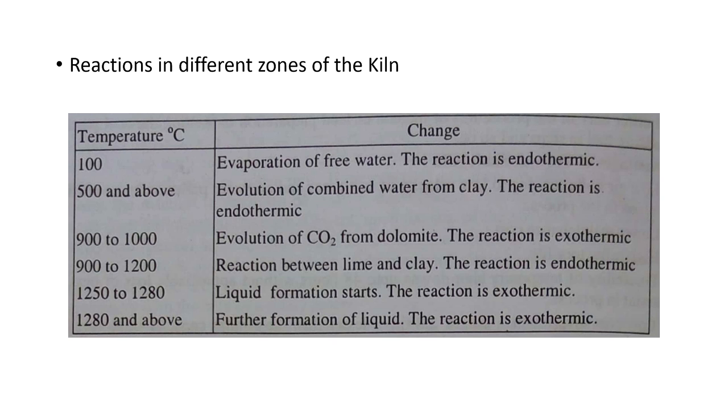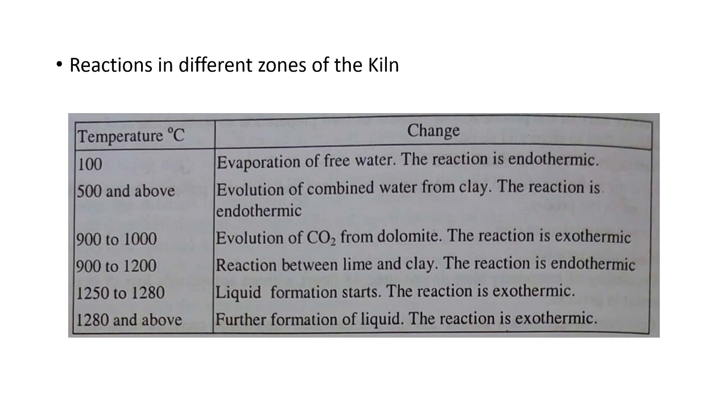You can see at 100 degrees Celsius evaporation of water, drying zone; 500 and above, evolution of water from clay, that is in the same drying zone, the water of crystallization gets removed. Then at 900 to 1000, decomposition of lime or dolomite takes place, and there is evolution of carbon dioxide.